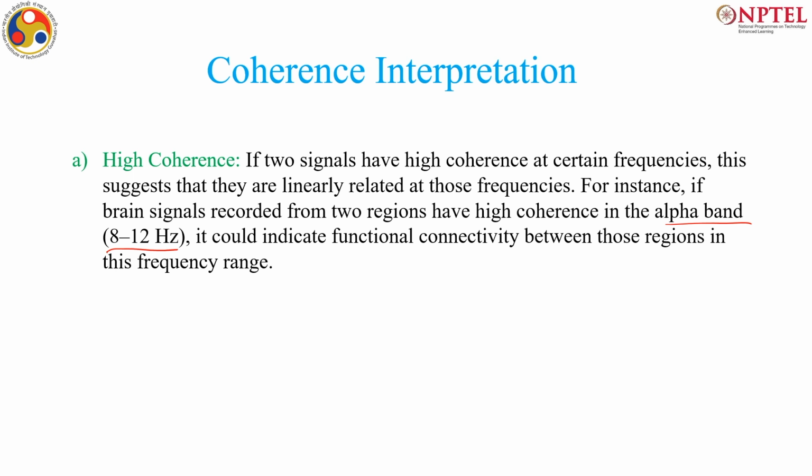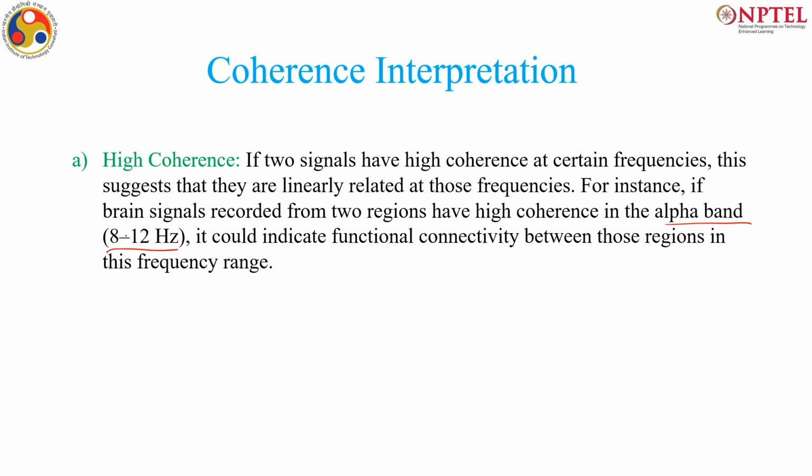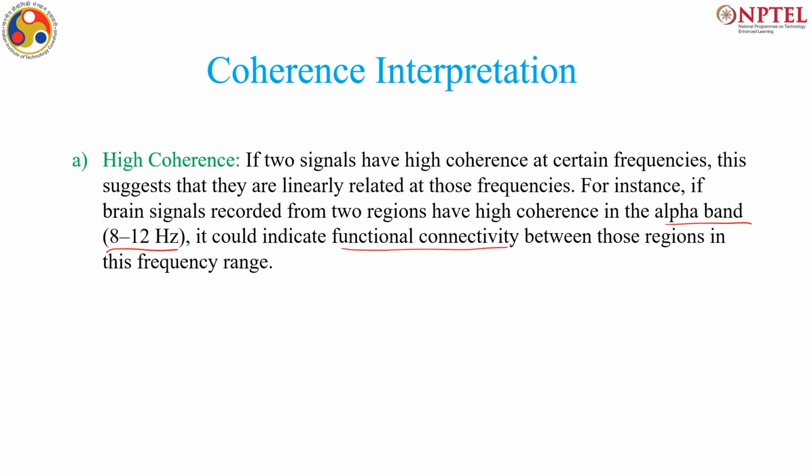Those who are into EEG processing might appreciate this; otherwise understand that the alpha band is a specific frequency band in this frequency range in the EEG. And if there is a high coherence between two regions, like say the frontal region and the back of the head, the occipital region, that means there is a functional connectivity between those regions.